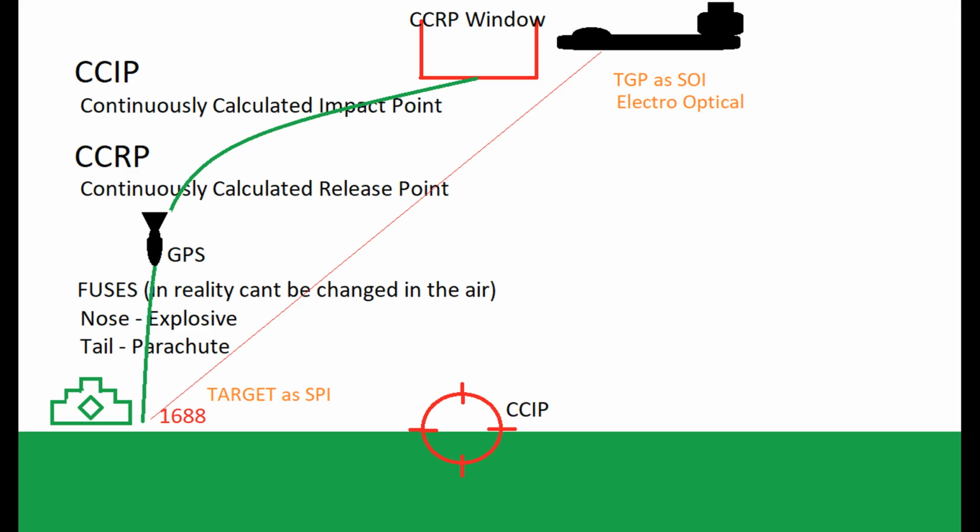Now when we looked at the cluster munitions before, those settings were actually fuses, which is the height of function, the RPM, they're fuses. So depending on the aircraft that you're in, the menu options will take you into where the fuse section is, and then you can set those as you like. But basically you can't do that in real life as far as I'm aware, unless things have changed.